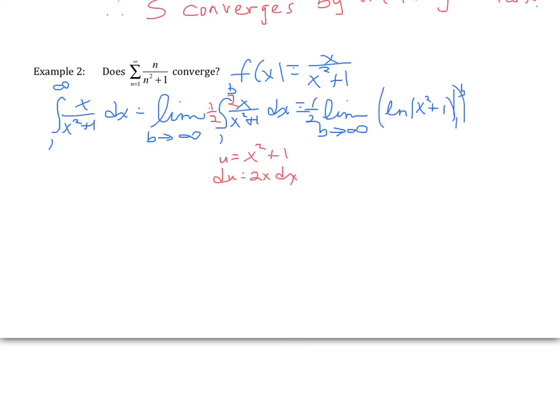Okay, so a little messy, sorry about that. I think you're used to it by now, unfortunately for you. So that equals 1/2 the limit as b goes to infinity of the ln of b squared plus 1, minus the ln of 1 squared plus 1.